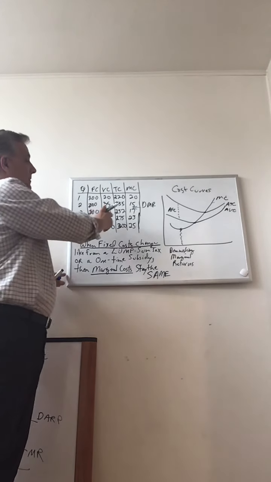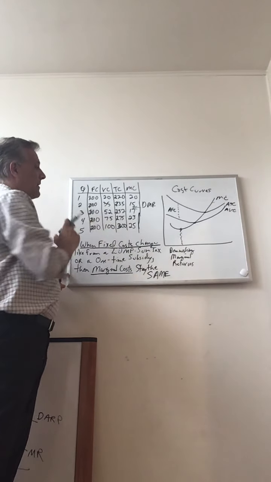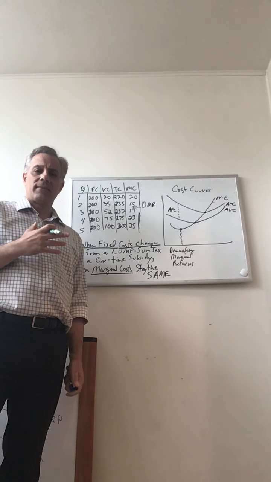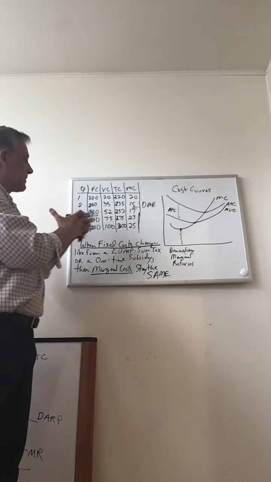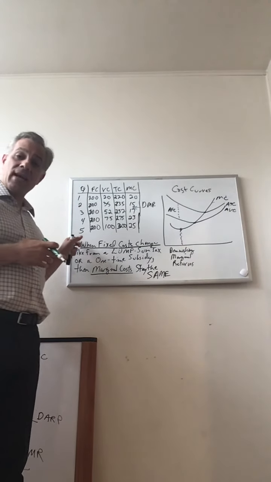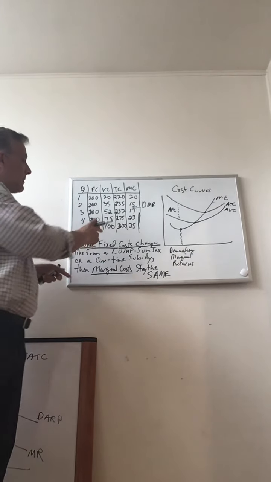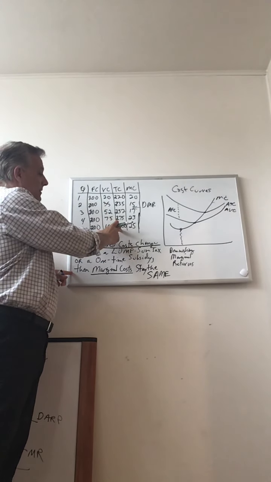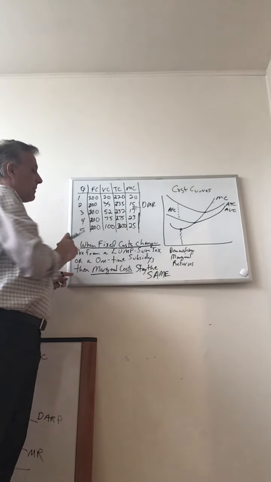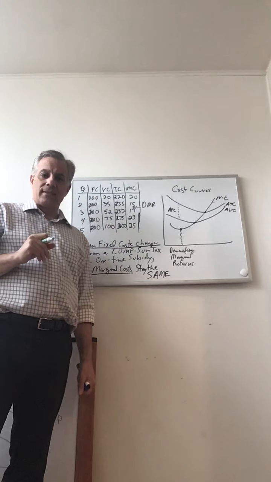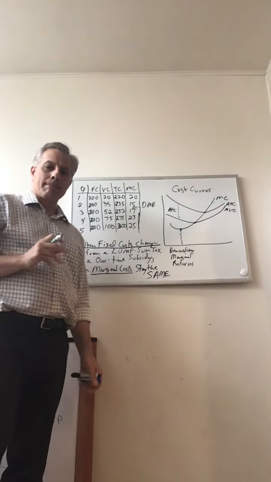Here's 252 divided by 3. So know how to calculate your averages. If you're given the fixed and the variable, you've got to divide by the quantity. So this is easy math. If my total cost is 300 and my quantity is 5, my average total cost is 60.